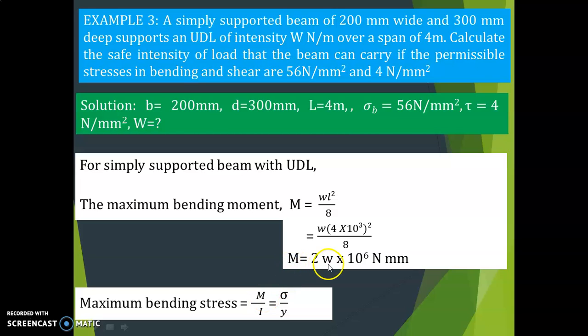We know M, that is 2W into 10 raised to 6. I we can calculate, that is, this is a rectangular section, so that is BD cube divided by 12, and sigma that is given 56, and Y we can calculate, that is D by 2. So once you substitute all the values in this equation, you get W.